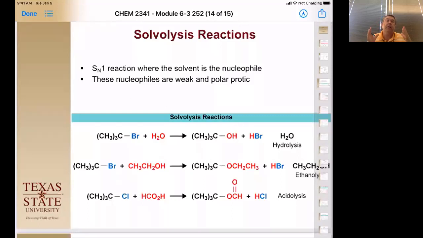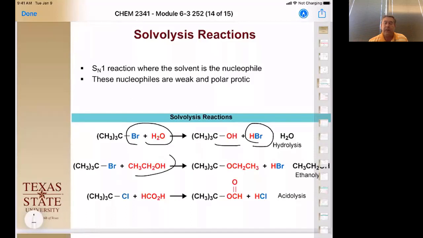Carbocations in particular are formed much more easily in polar protic solvents. If we used water, we're going to end up with an alcohol after our protonated alcohol is reacted to form HBr. If we used an alcohol, we're going to end up with an ether.